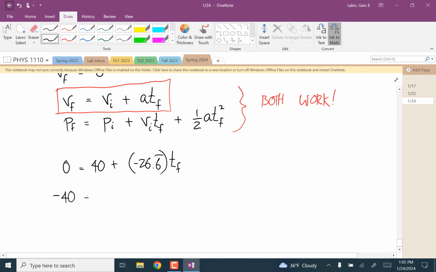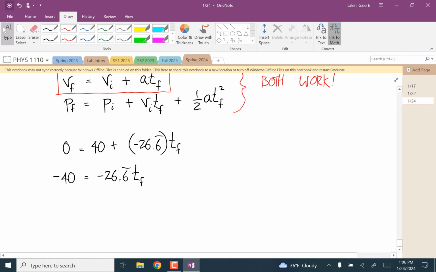So you get negative 40 is equal to negative 26.6 repeating times time final. Now divide both sides by negative 26.6 repeating, and you get somewhere around 1.5 seconds. So TF is equal to 1.5 seconds.